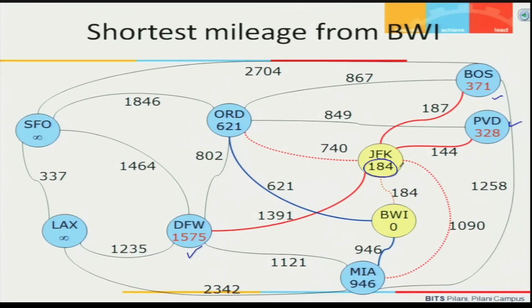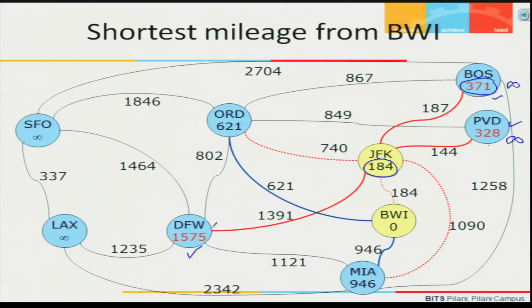Recollect, the d value for this in the last iteration was infinite. So, as soon as this node gets added to the cloud, the d value of this becomes 184 plus 187, which is 371, which is less than infinite. Similarly, this was infinite before JFK was added to the cloud. Now, its d value is updated to 184 plus 144, and similarly for this vertex.